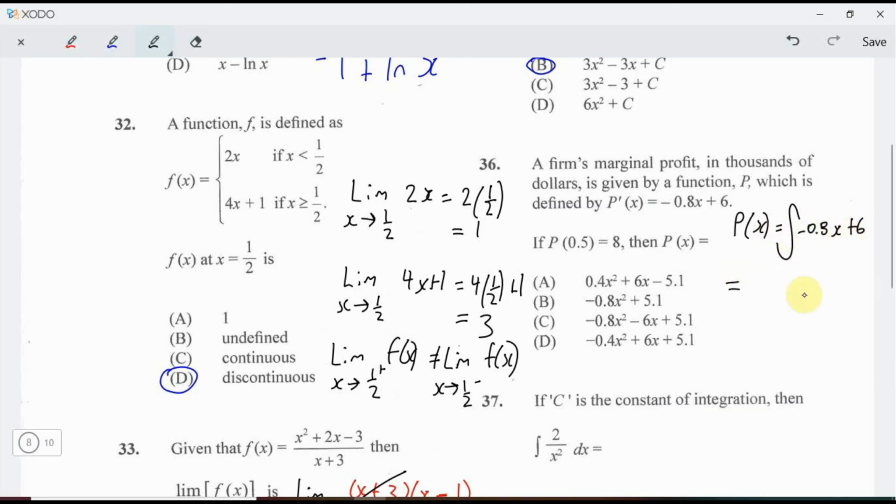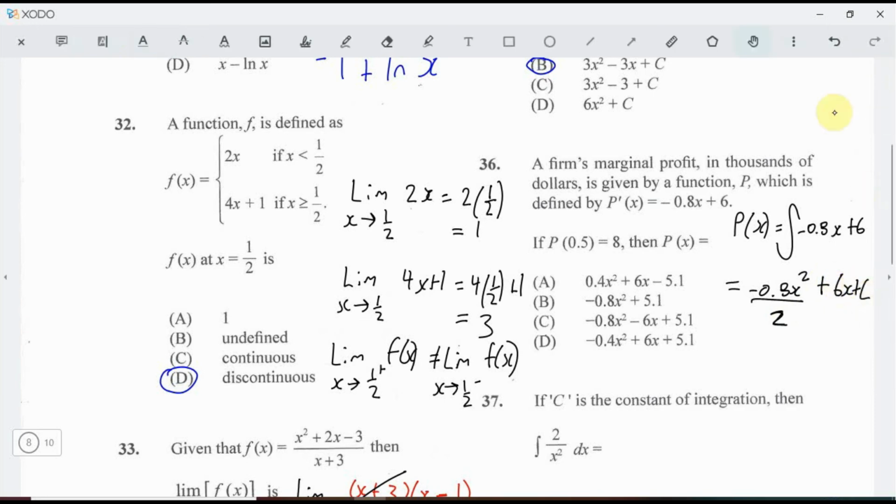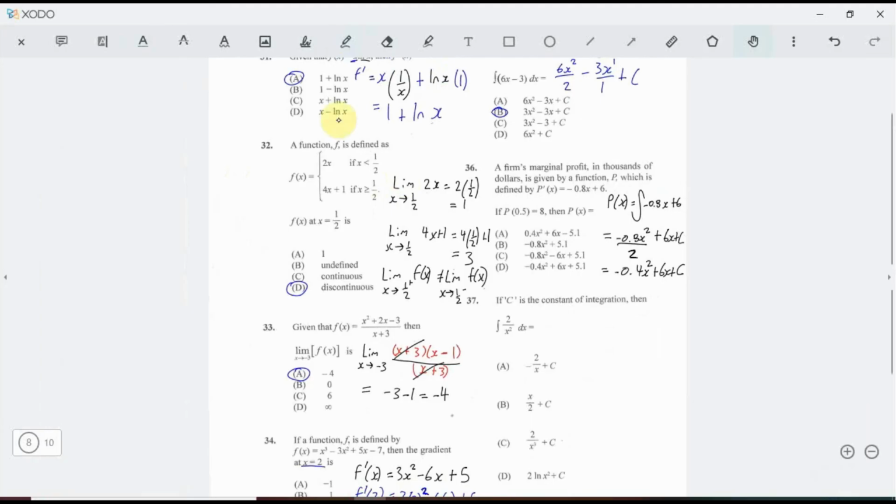Integrating, what we get is negative 0.8x squared over 2 plus 6x plus some constant c. Now, negative 0.8 over 2 is negative 0.4x squared plus 6x plus c. But now we need to find that constant of integration.